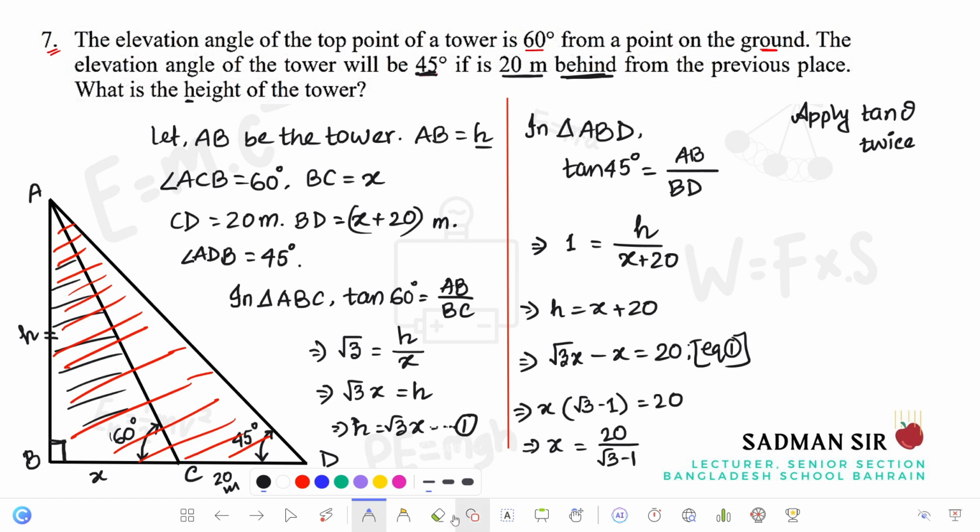So now if I do the calculation, what will be the value of X? Let me do the calculation on my calculator. You can also do it yourself.